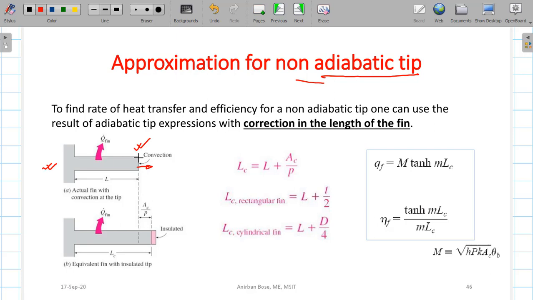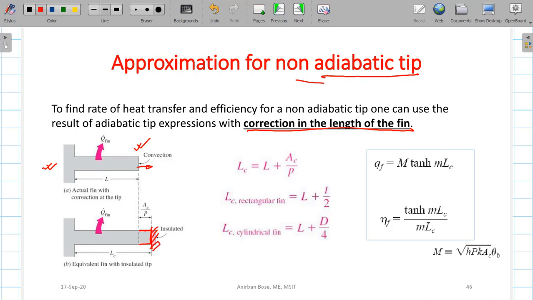Definitely, if you have to consider this non-adiabatic tip as adiabatic tip, you have to correct the length of the fin. Okay, so what is the difference between adiabatic and non-adiabatic? Here you can see that if it is adiabatic, then we just increase the length of the fin from the actual fin by this much, and now you make this part insulated.